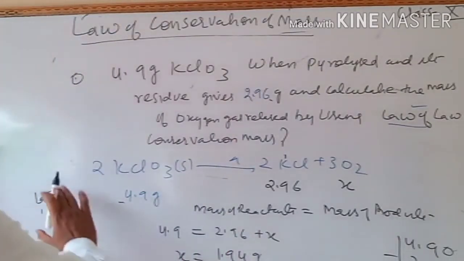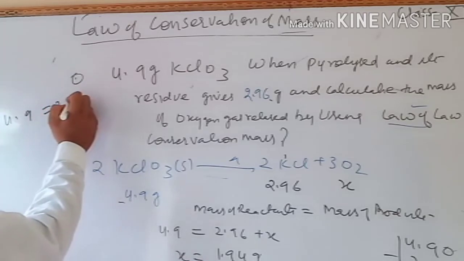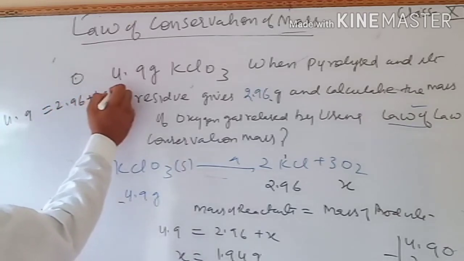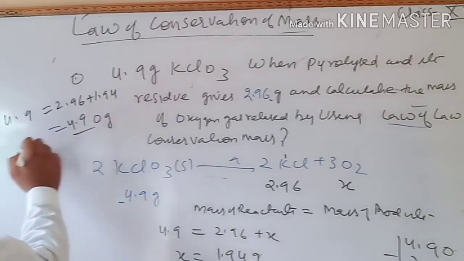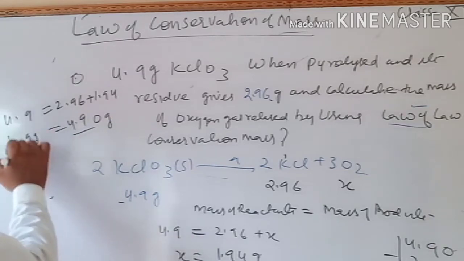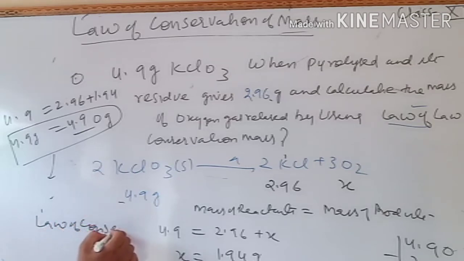So see this, verify this law. 4.9 gram is equal to 2.96 plus 1.94, which is 4.9 gram. So 4.9 gram is coming. It means it is obeying the law of conservation of mass.